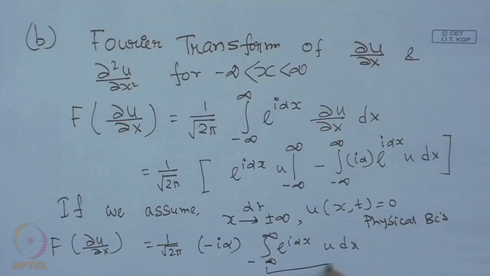If you remember, what is this? This is nothing but the transformed Fourier capital U of alpha and t. So, this is the Fourier transform of u.